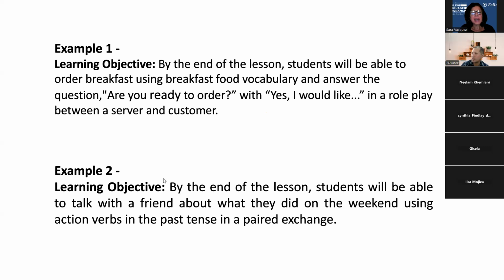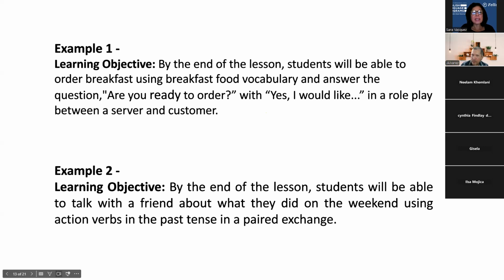The next slide, or maybe Joelle, are we going to let them look at these while they create their own? We're going to give you about a couple of minutes to write your own learning objective using the topic that you chose, the language function that you chose, and using that formula, that format, the use, to, and in.